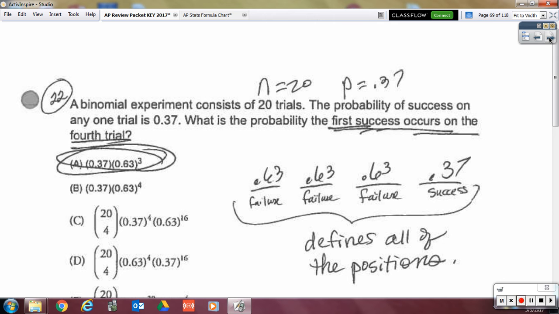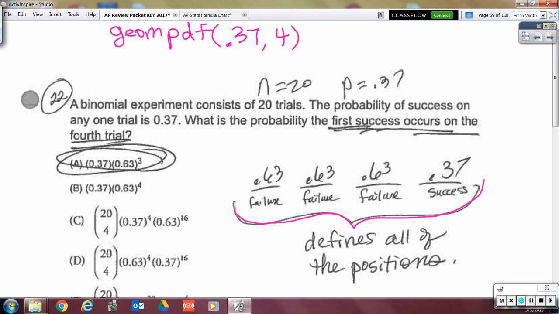If you choose to not just calculate this by hand, by writing this out, which I kind of like to do, but if you want to use your calculator, or you're getting good enough at it that you are ready to jump to that level, geometric PDF, in this case, I want to put the 37% on the fourth trial. That would mean I am putting the success exactly on the fourth and only the fourth. So this is not until the fourth.